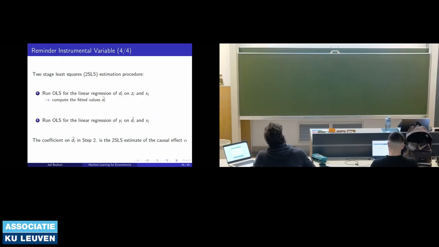That's what the first step is doing. What the second step is doing is that once I've done that, I compare that to the difference in wages between the two groups. So the second step is just saying, I take the effect of the variation of education induced by the variation in Z_i on my Y_i, on my wages.